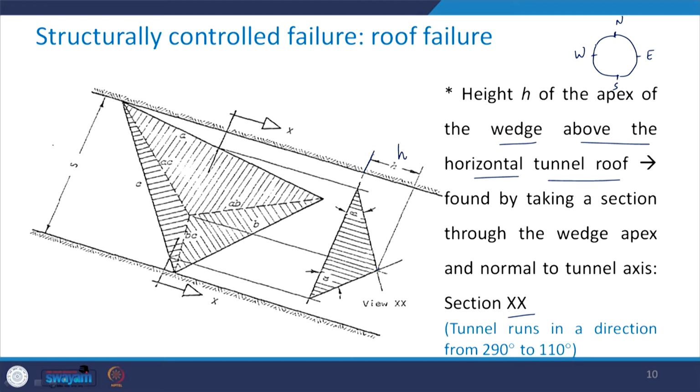So, 290 will be, let us say, somewhere here and 110 will be somewhere here, and this has to pass through the center. So, I take a line or a section which is perpendicular to this. That section we are defining as the section xx, because this is the direction of the tunnel axis and we have to take a section which is normal to the tunnel axis. So, that is what we have taken here, section xx.